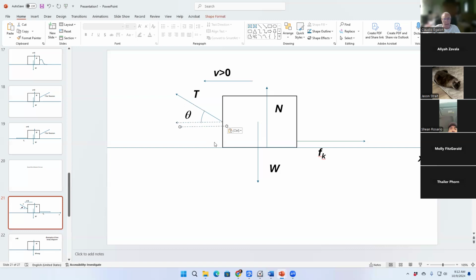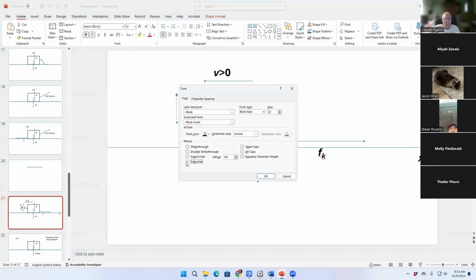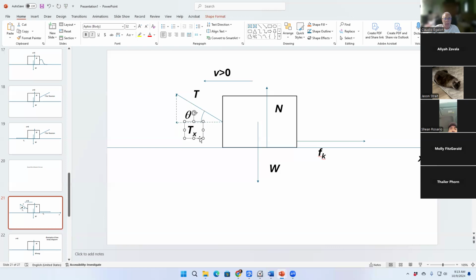And then the vertical component is going to be like that. X and Y components. I can even name it Tx and Ty.